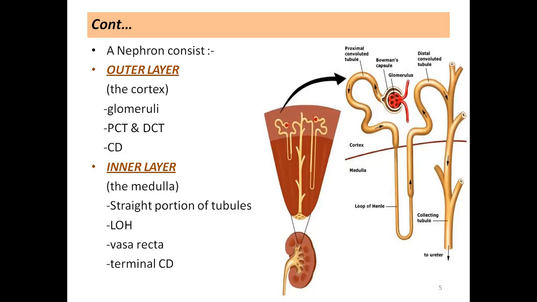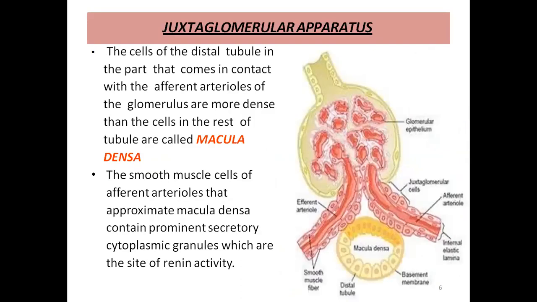Also, the collecting duct is present in the cortex region, whereas the inner or medullary region contains the straight portion of the tubule, the loop of Henle, vasa recta, and the terminal collecting duct. About the details of these parts, we have already understood in the chapters of physiology.